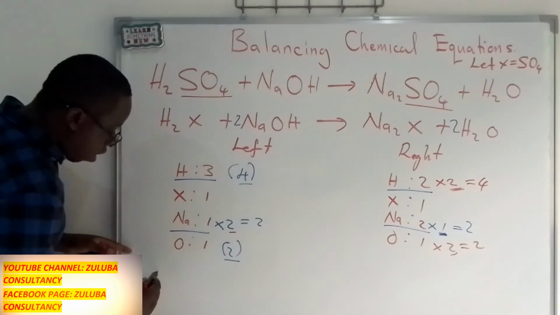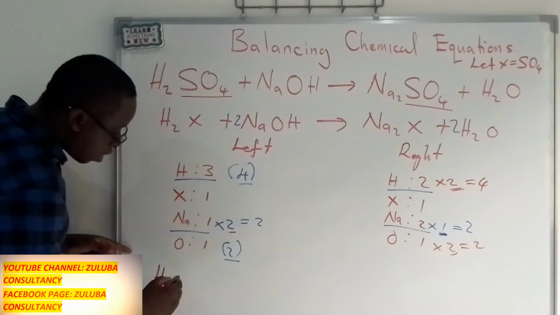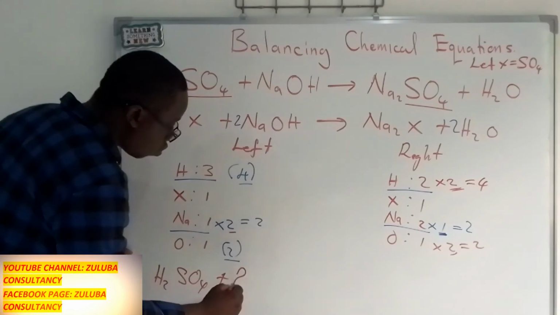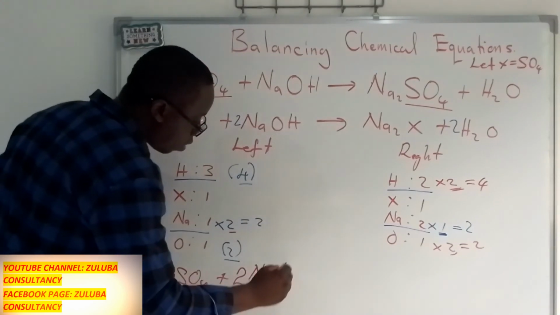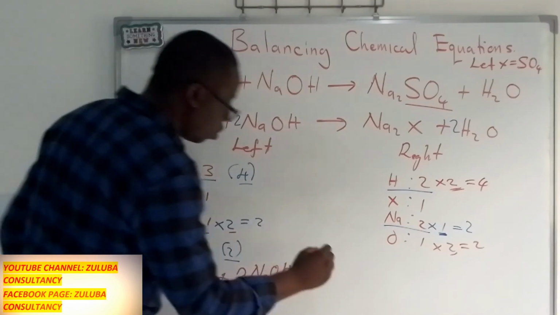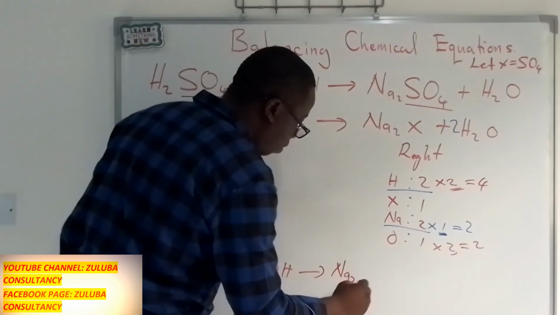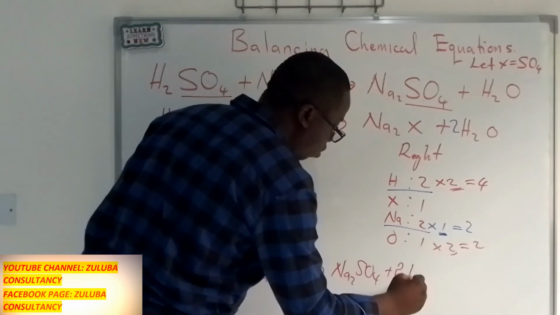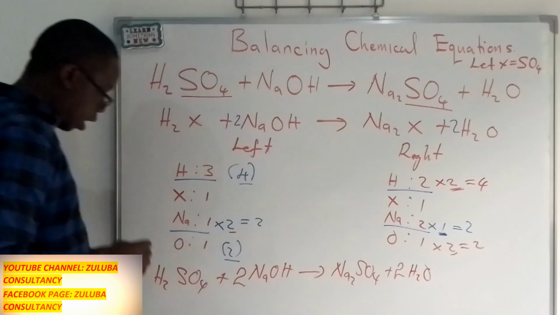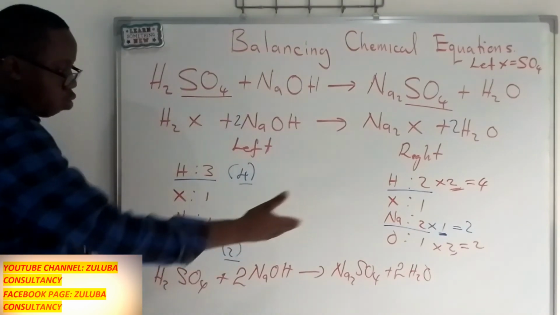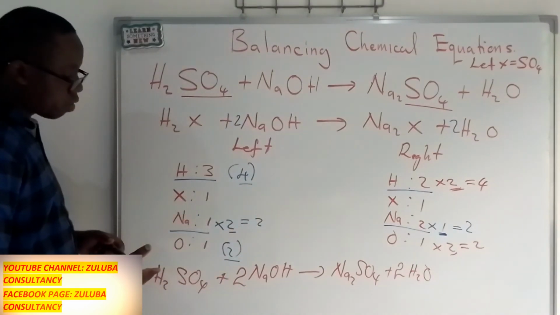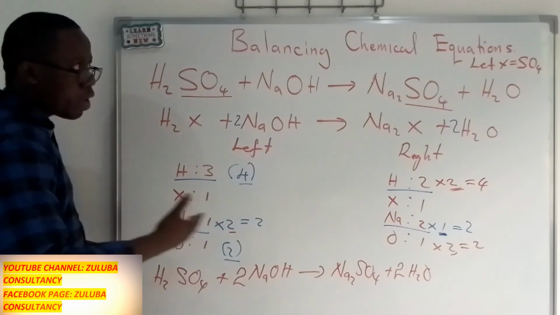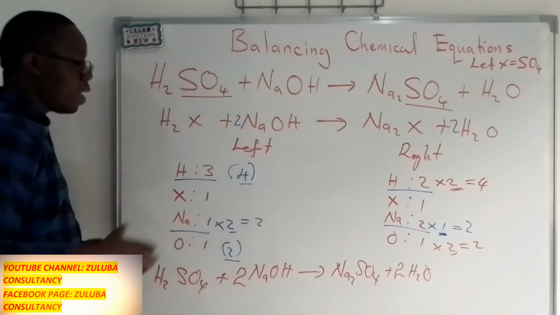So we are saying you now have H2, then you put the SO4 back, plus 2 sodium hydroxide, then you get sodium sulfate and 2 of water there. So if you look at this equation, it is now balanced. All the atoms are balanced. Hence, we can simply say this equation is balanced.